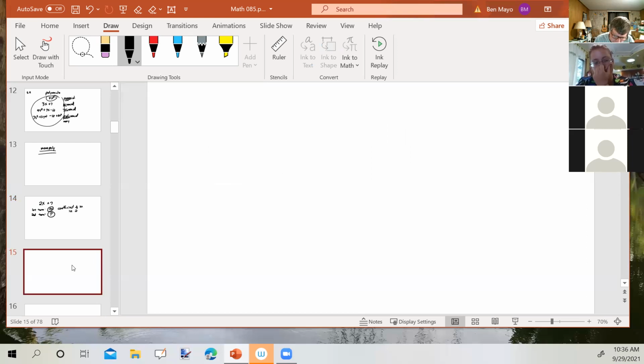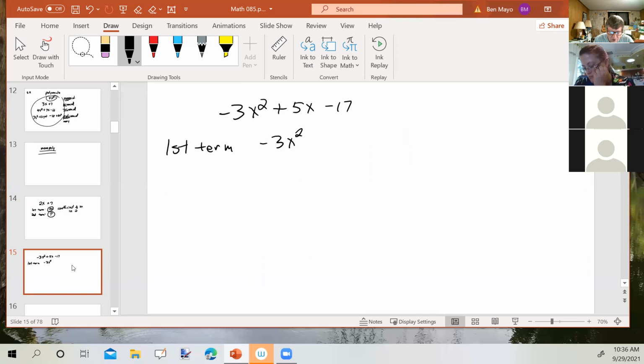Let's look at a trinomial. Negative 3x squared plus 5x minus 17. This has 3 terms. So again, it is a trinomial. The first term is negative 3x squared. The coefficient of that term would be negative 3.